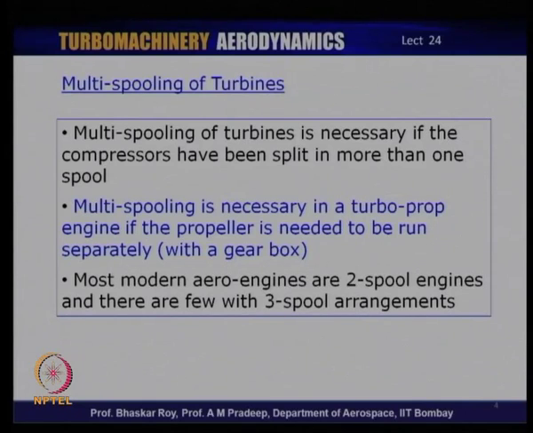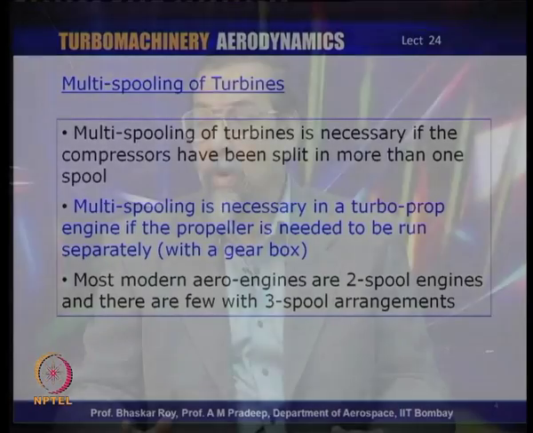So, that allows the spools to run at different speeds, and it allows a core engine to be configured or decided upon, which is a combination of compressor, turbine and combustion chamber. So, some of these are decided upon not only by the turbine designer, but by the engine designer, taking into account many factors that come into the engine design. Now, most of the modern aero engines are indeed at least 2 spool. There are actually very few 1 spool engines these days.